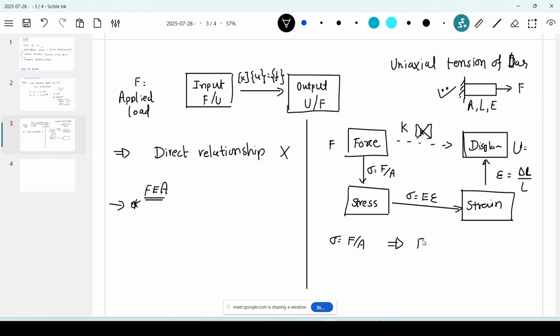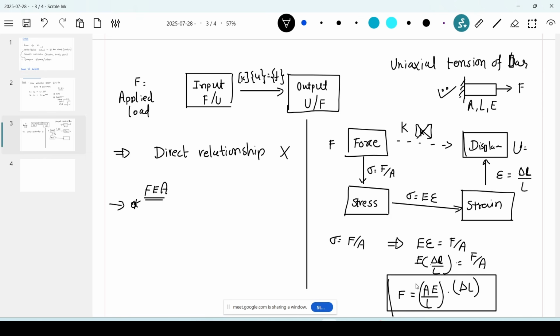Sigma is equal to E epsilon, and F by A. From E epsilon, epsilon is delta L by L, which is equal to F by A, and F is equal to A E by L into delta L. For FEA we have known this equation, right?